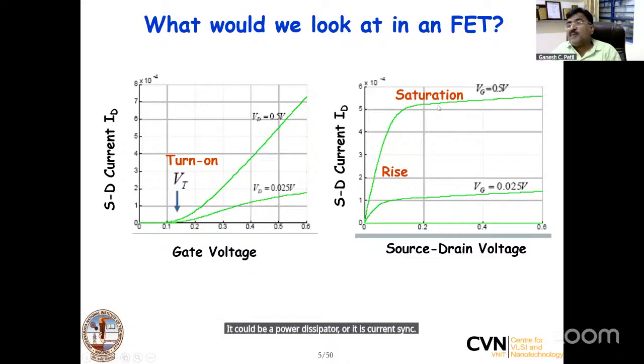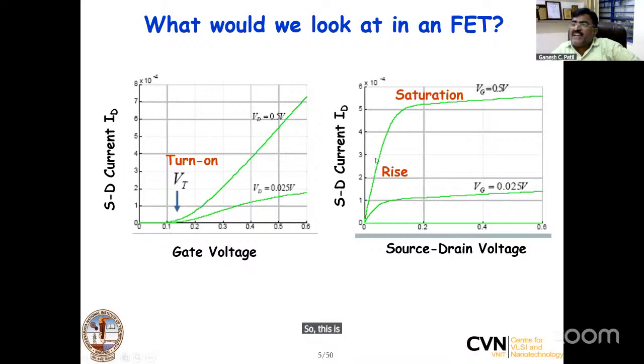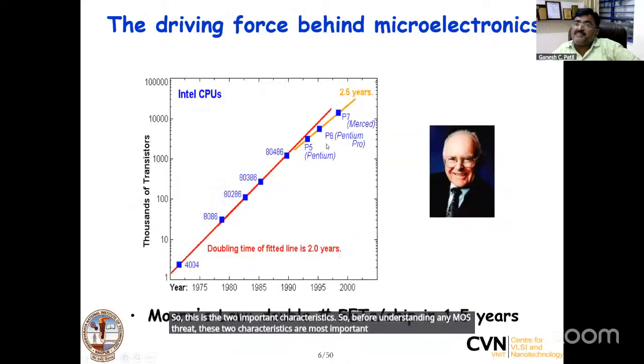And once it operates in the saturation region, this MOSFET works like a current source, because the current will be constant. That is the drain saturation current, which will be constant. So we can also use the MOSFET as a current source. These are the two important characteristics, and before understanding any MOSFET, these two characteristics are most important to study.